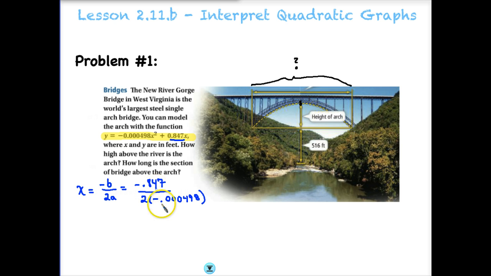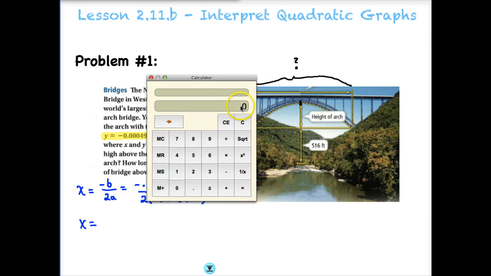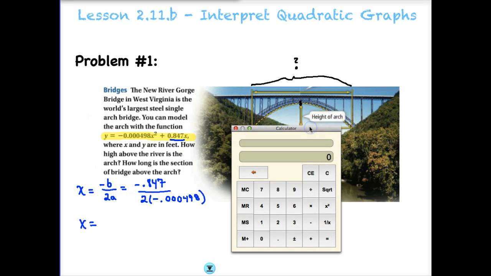I want to simplify this because I don't really know what this is unless I can. I probably will need a calculator to do this simplification. So let's pull the calculator out and do a little math.